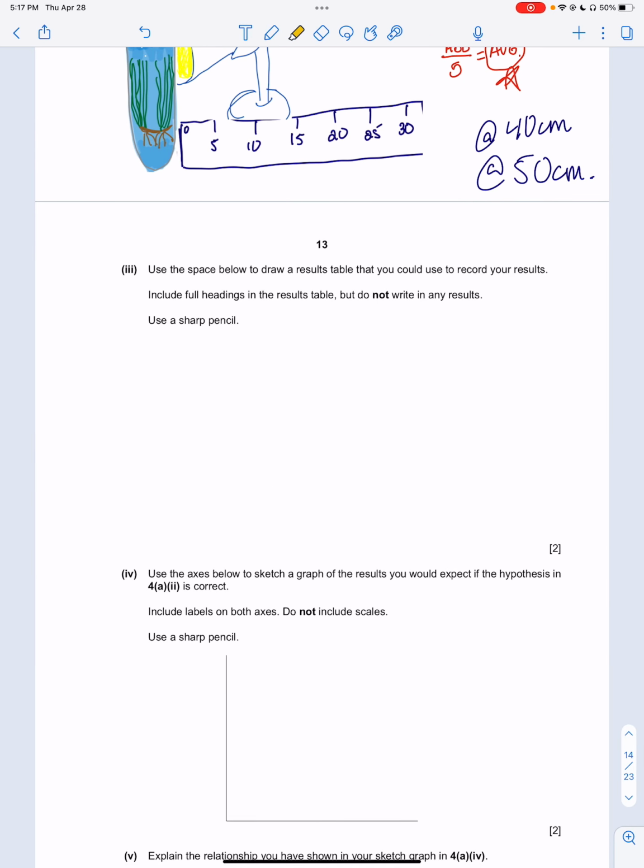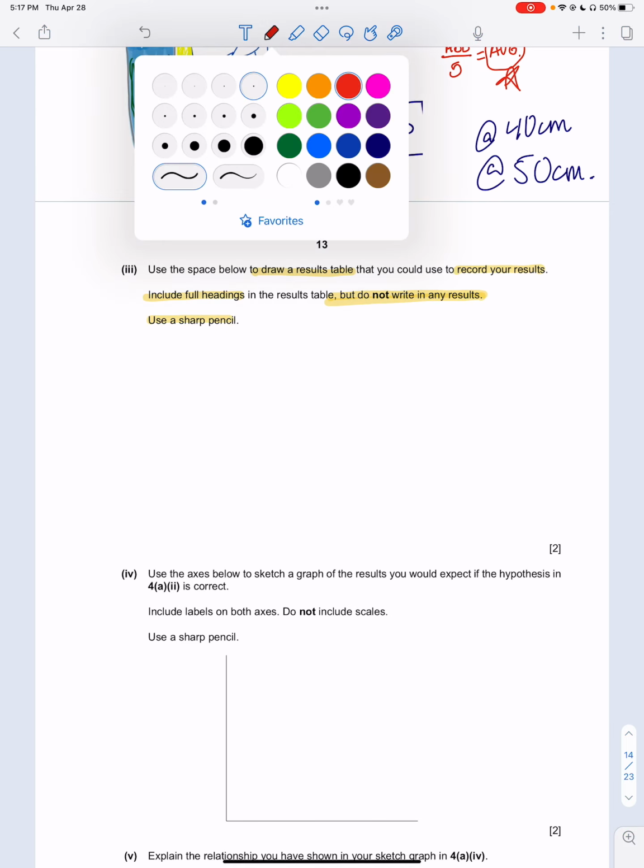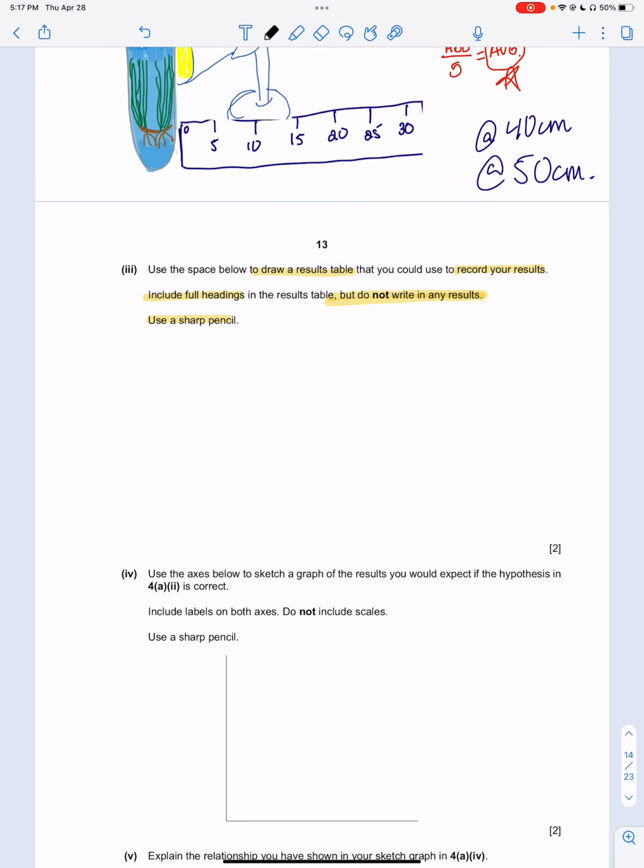All right, use the space below to draw a results table that you could use to record your results. Include full headings in the results table, but do not write in any results, and use a sharp pencil. Okay.